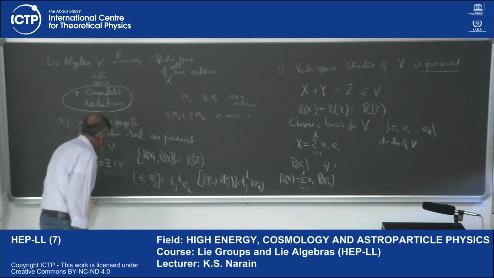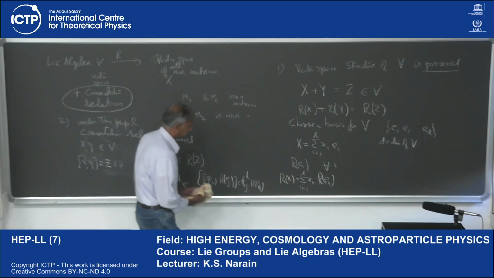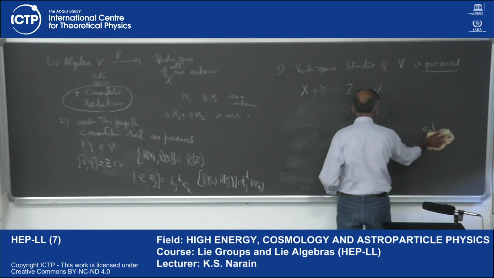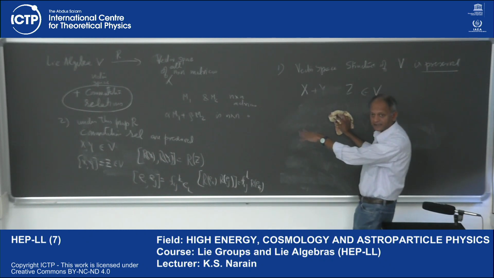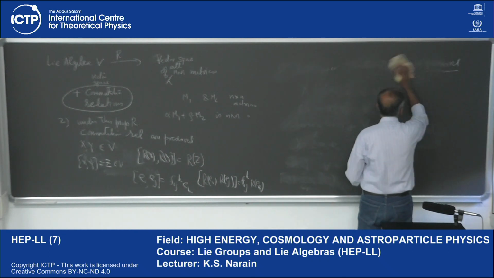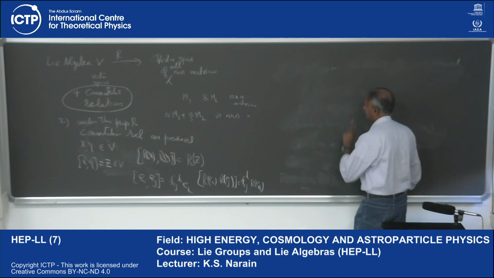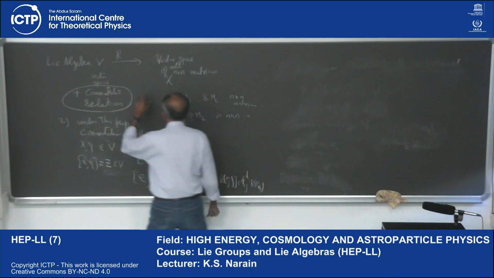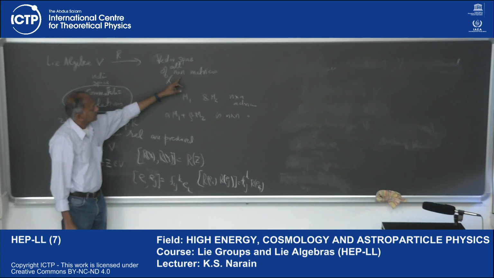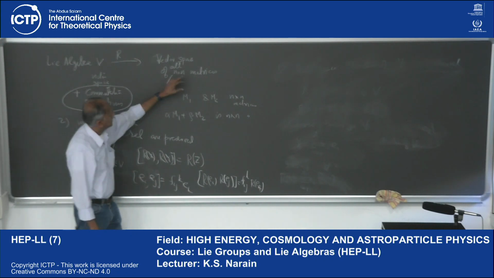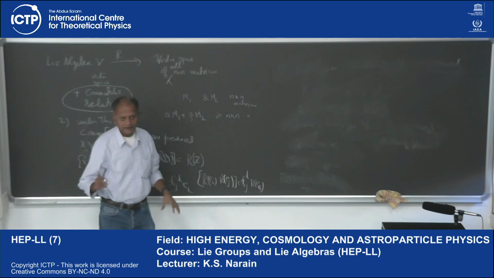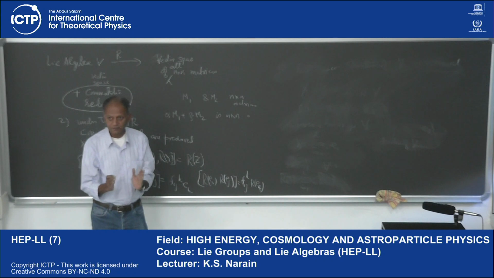Now, let us go back to the adjoint representation. We said adjoint representation, but we didn't really check if it satisfies these conditions. So let's check that. But before that, we also mentioned that whenever you have an n cross n matrix, you can think of it as a linear operator acting on an n-dimensional vector space.